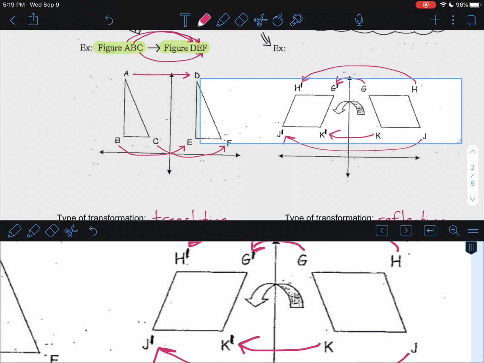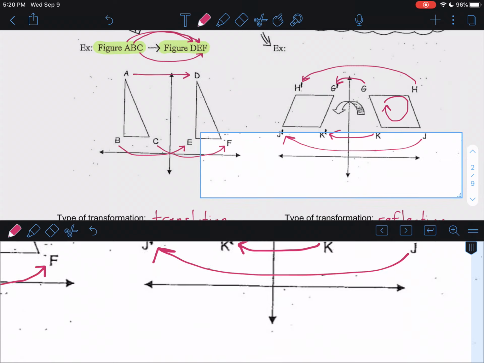And then you just go clockwise. So I start at the G, and then I go around this way. So I wouldn't be able to read this G, H, K, J, because the way I just said it, I had H and K next to each other, but the H and the K aren't actually next to each other.